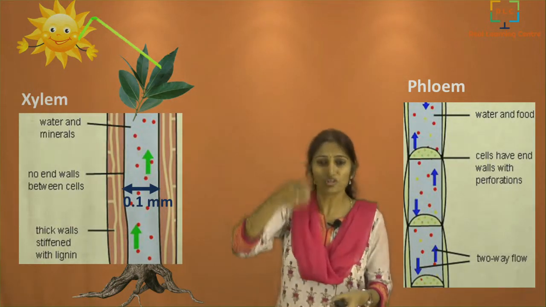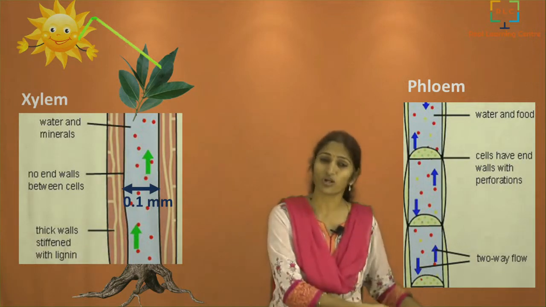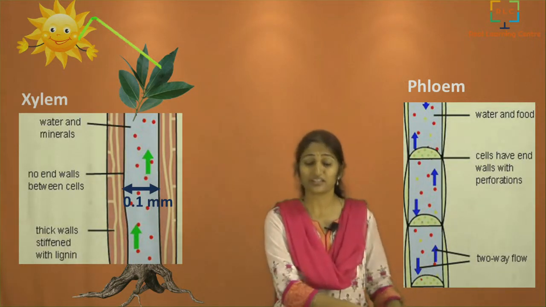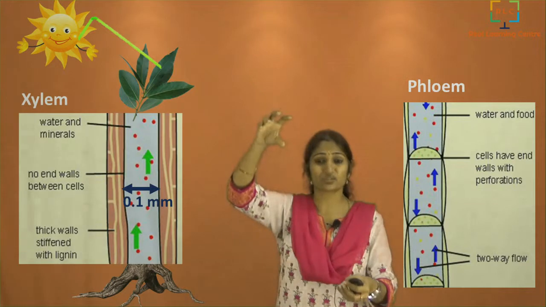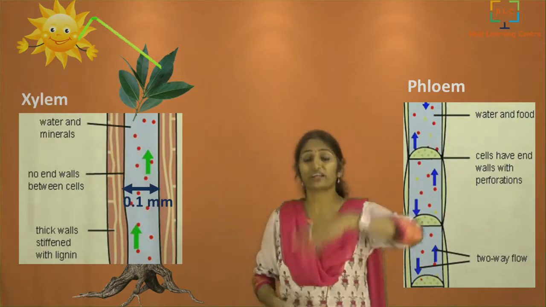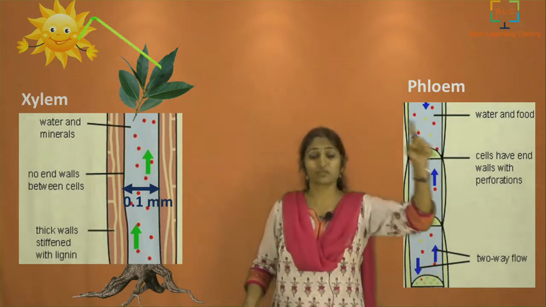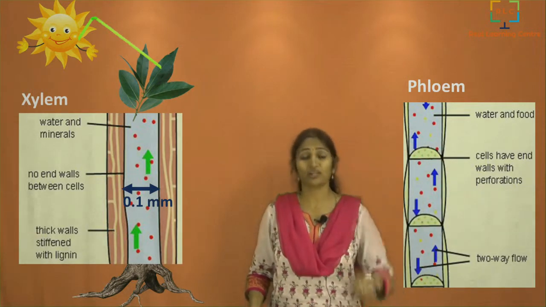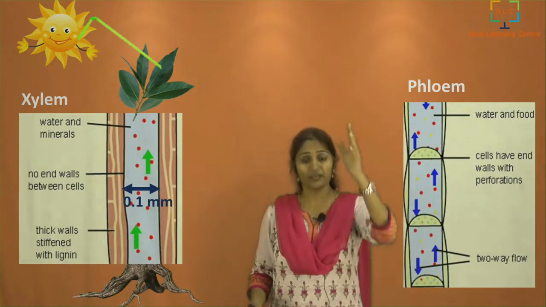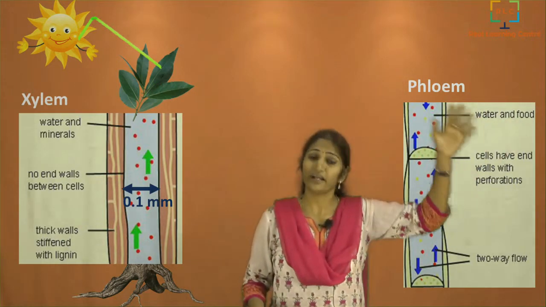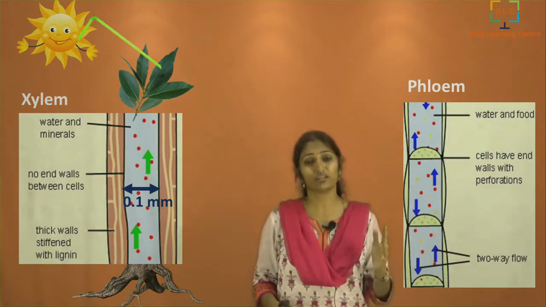So when he keeps on sucking water, we see that the water which is there in the soil is taken up by the roots, enters into the xylem, enters into the leaves, and again goes off into the atmosphere. So this way the water keeps on moving from the soil to the plant, then it goes into the atmosphere, and the cycle keeps on continuing.